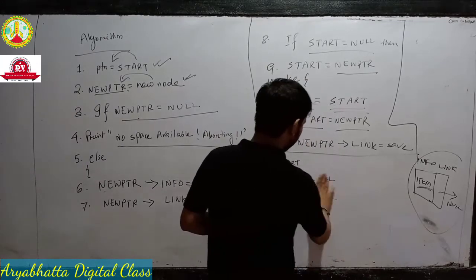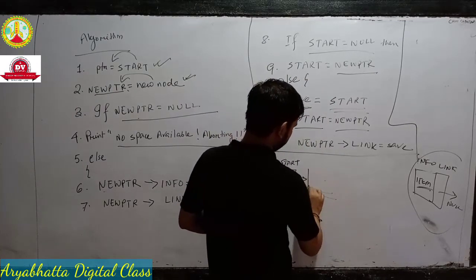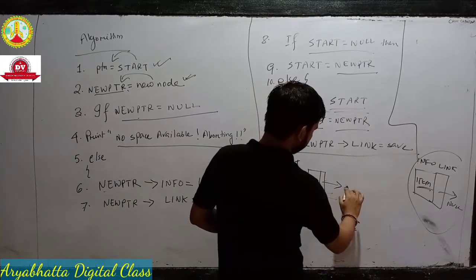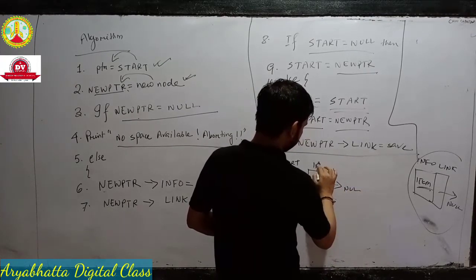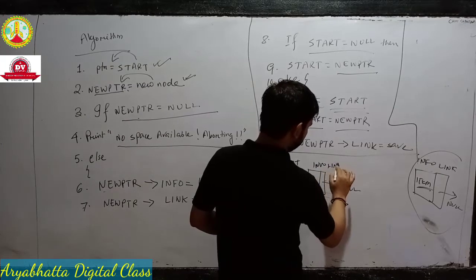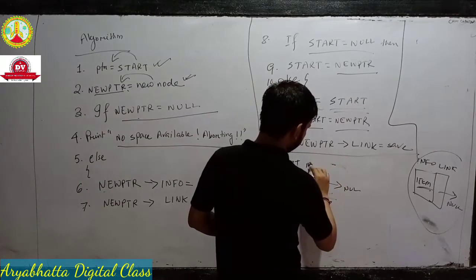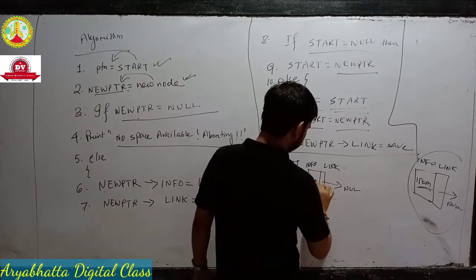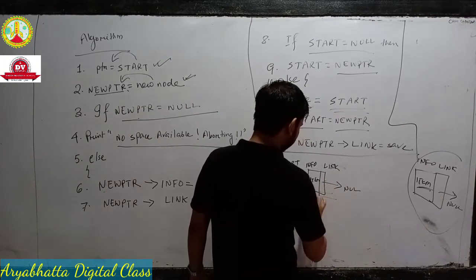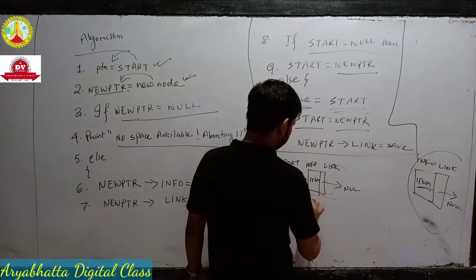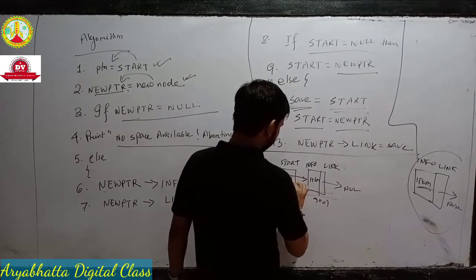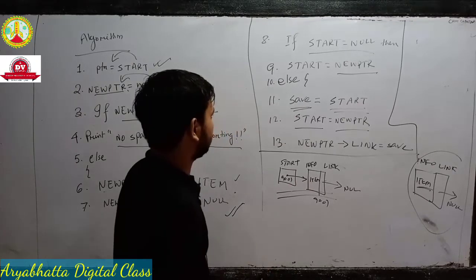When we insert a node, it has info and link. Suppose this is an item with this memory address, say 9001. Now start will not be null, because start will contain 9001.